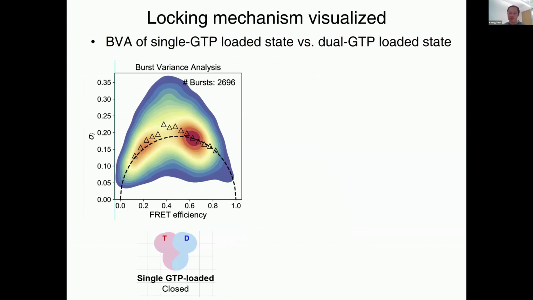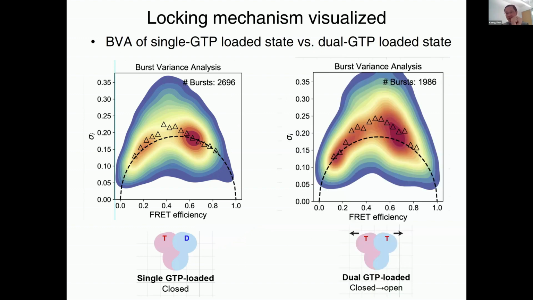And then what we can do here is compare the single GTP loaded configuration with a dual GTP loaded configuration. In the case of the single GTP loaded configuration, when it reaches the high FRET state, the experimental value, the triangle, perfectly matches the theoretical value, which means that conformation is a very stable conformation.